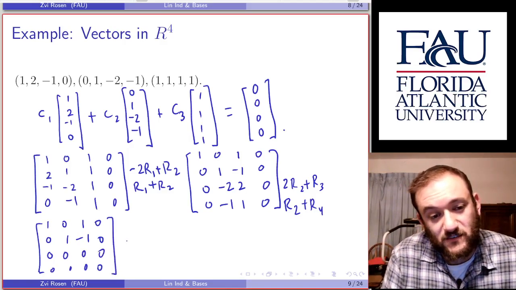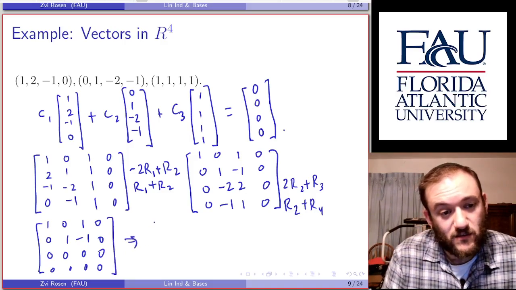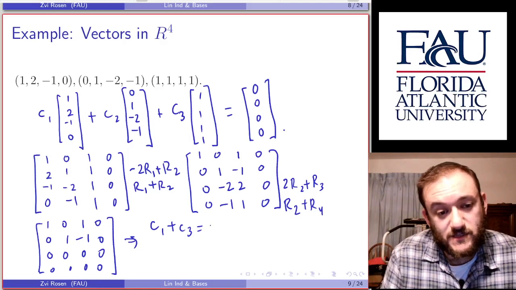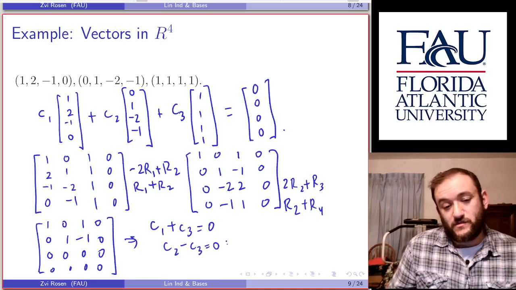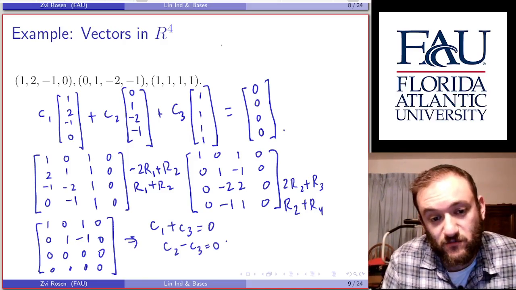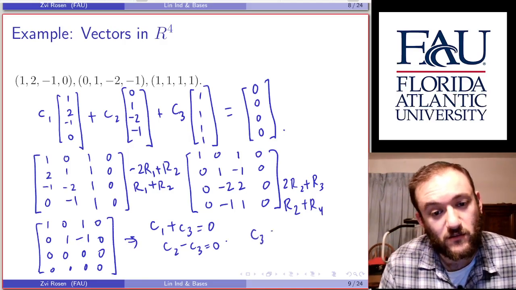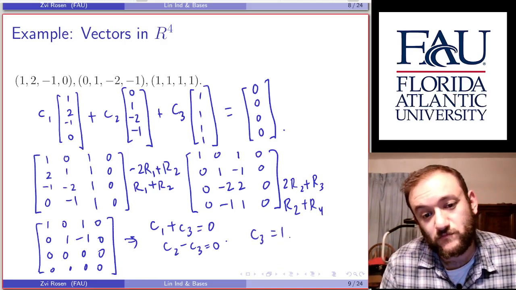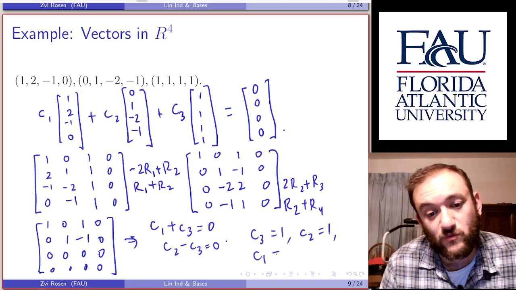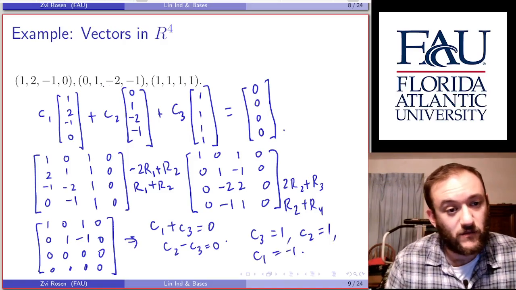Okay, so what this tells us is that c1 plus c3 is 0, and c2 minus c3 is 0. Okay, so this isn't hard. We can take c3 to be a free variable. Let's fix it to be 1. And then c2 will also be 1, and c1 will be minus 1.